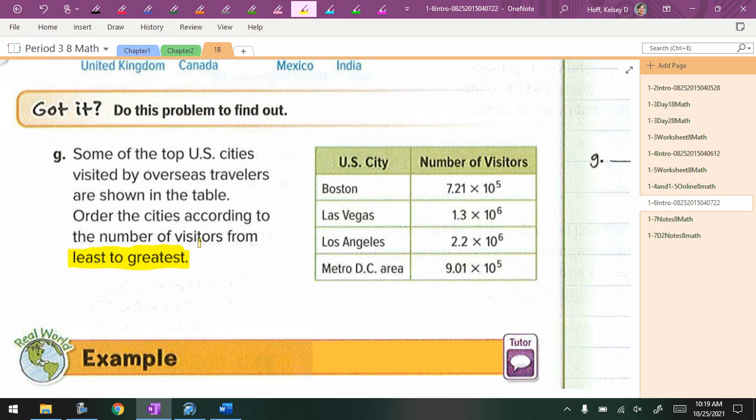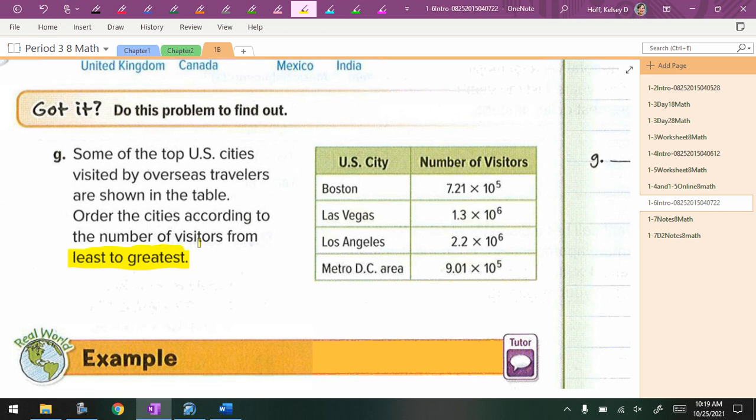Write your cities, least to greatest. Don't write your numbers out.